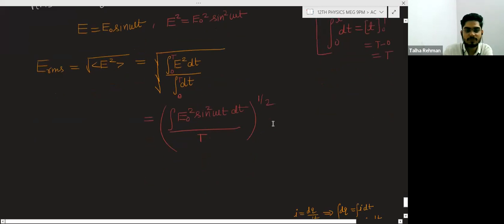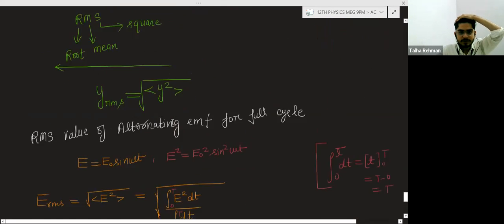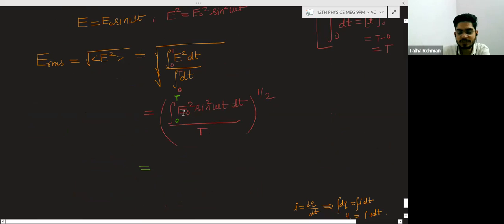Now the limit is 0 to T. This E naught is the peak value of the EMF. I have already written here that E naught is the peak value, or the maximum value, of the alternating EMF.